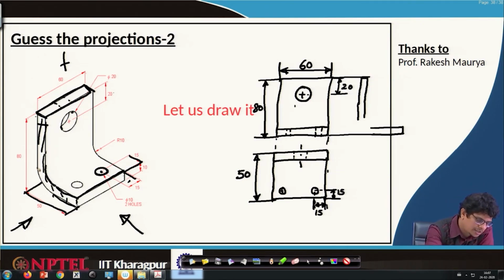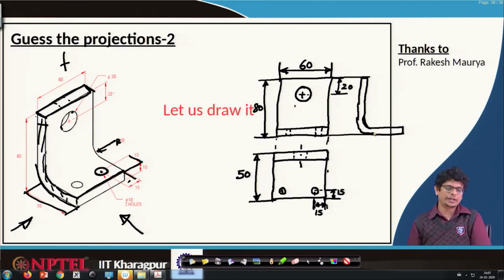This is the arc what we have to do, that R10 radius is given. So, that arc one has to join. Once we fix that radius from this point, R10, center we know, then connect by radius, use the same center, locate this point, draw one more arc. This is the way we can construct the side view.